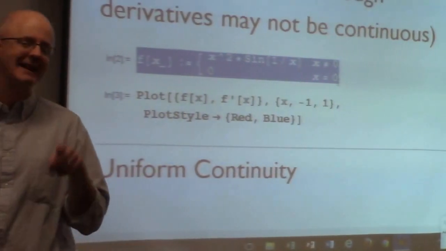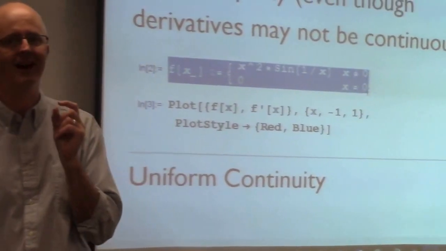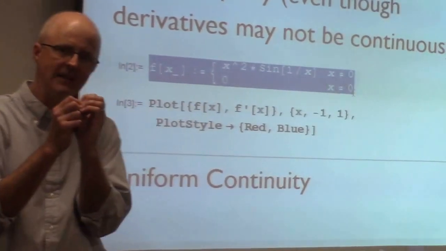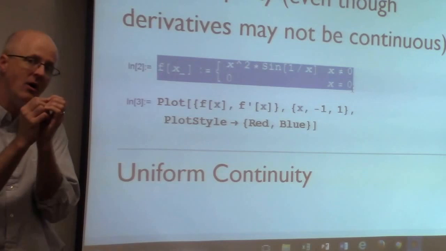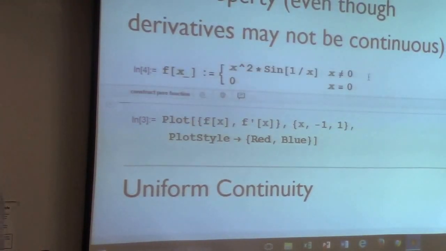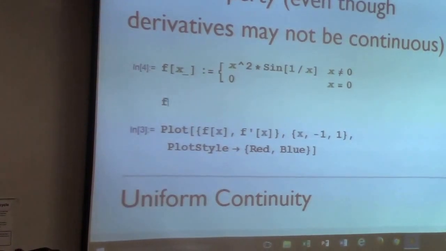Turns out to be a function that oscillates infinitely often on any little neighborhood around 0, but because of the x squared, those oscillations get small fast enough to actually make this be differentiable at 0. f prime of 0 does exist.